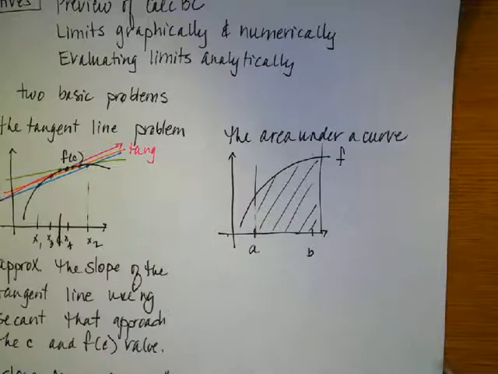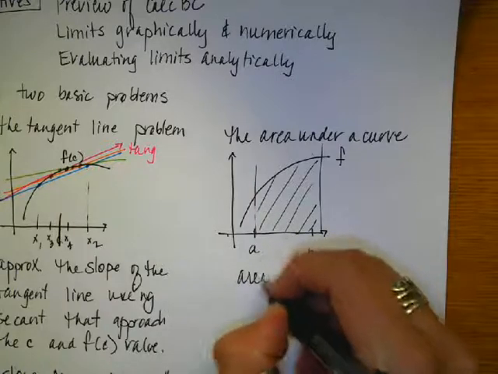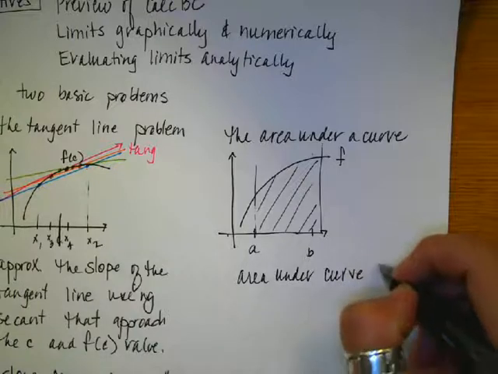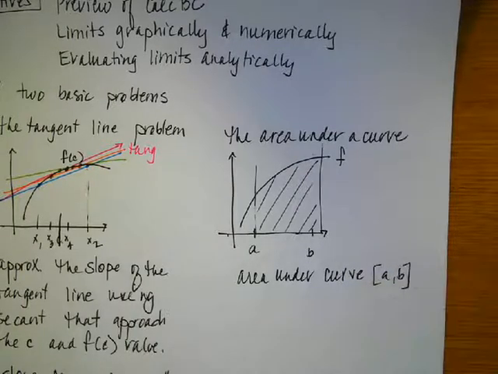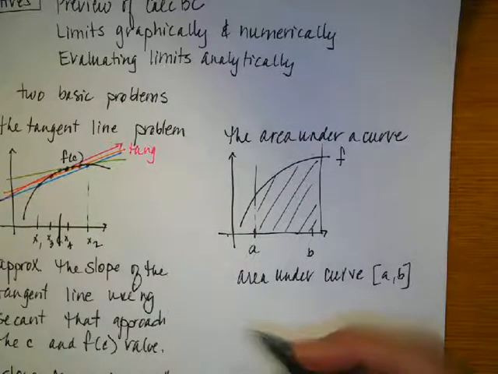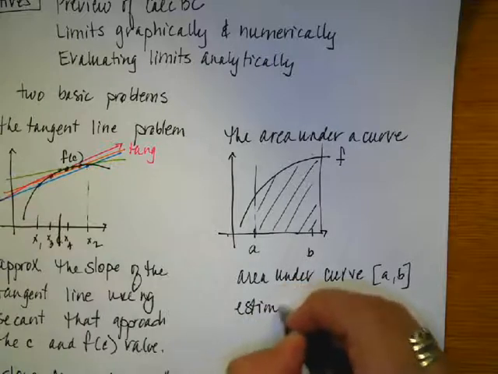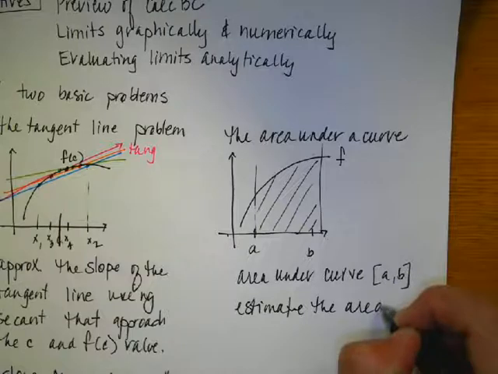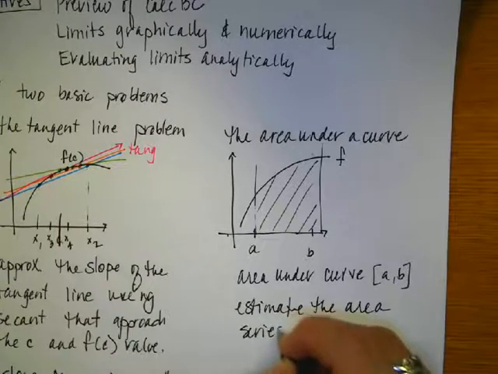Okay, so I'm going to talk about the area under the curve, and I'm going to do it in the interval from A to B. So I can estimate the area by drawing a series of rectangles.